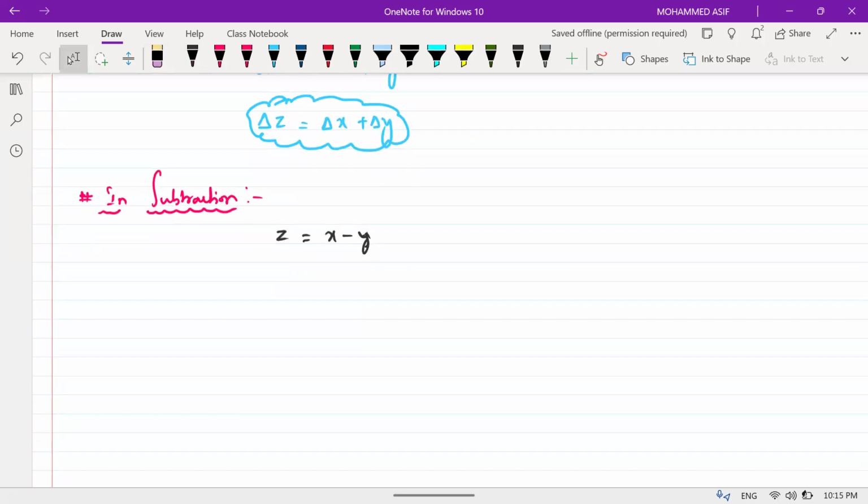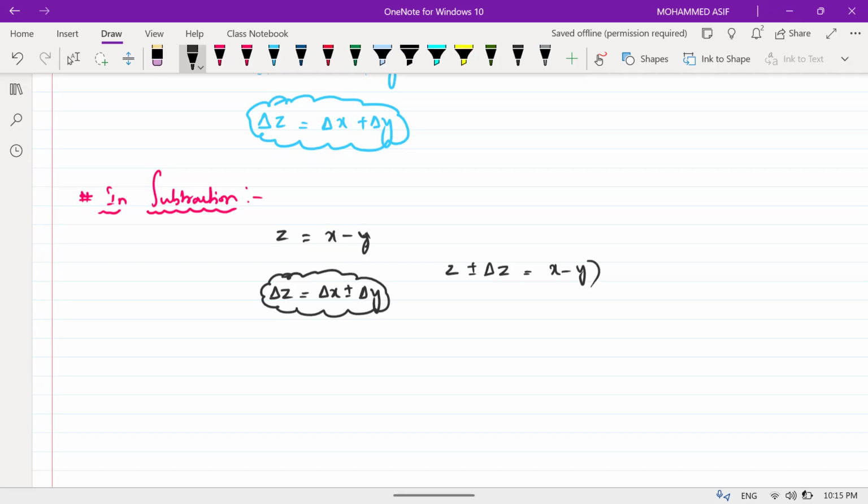Error always gets added, beta, either in addition or subtraction. Two measured values' absolute error always gets added up. So I'm writing the direct answer for this one: delta z will be equal to delta x plus delta y. That means the z value, if I am writing here, it will be z plus or minus delta z is equal to x minus y, this will be plus or minus delta x plus delta y.